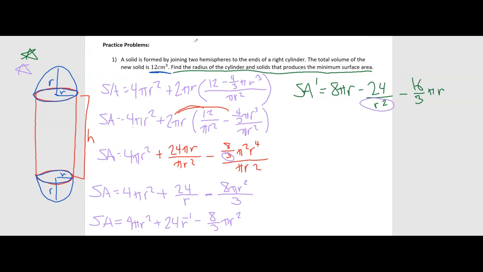This solid would not exist. So we're just looking to see where the surface area derivative is equal to 0. And again, you can just substitute that function right into your y equals and look for the zeros.